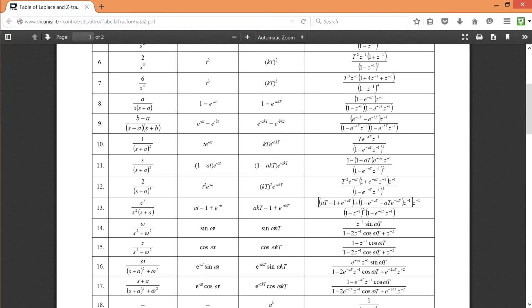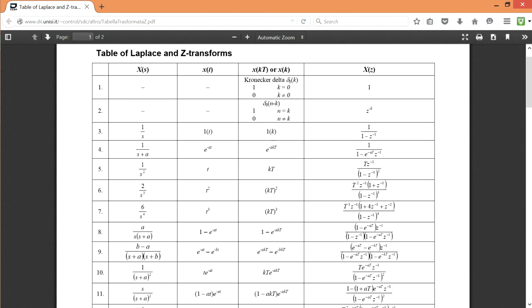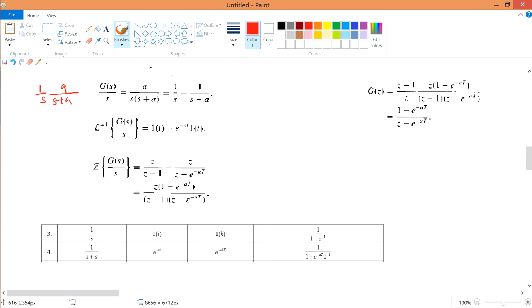Where is the table now? Let's just take some of the values. Let me take a look. Hold on a while. Aha. So you can see your 1 over S, when changed, will become 1(t), then t will become kT, and then you can Z transform. So the Z transform of 1(t) is simply this one, and the Z transform of e to the minus AT is this one.